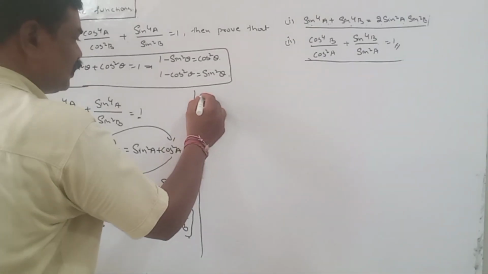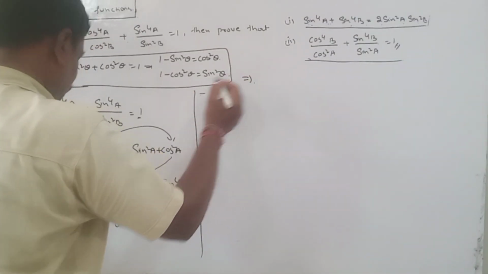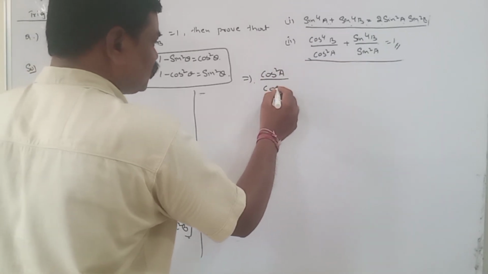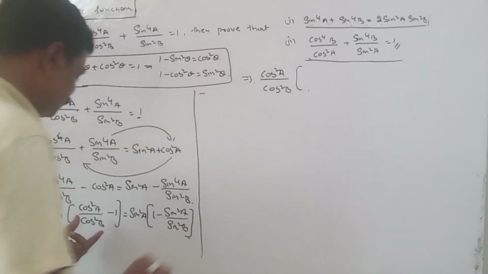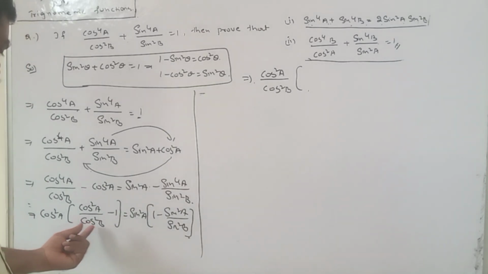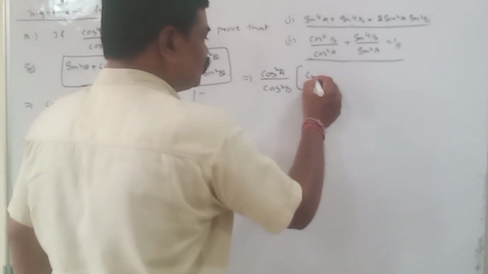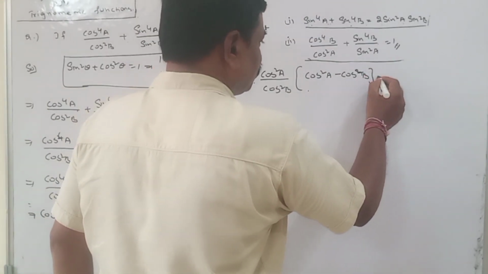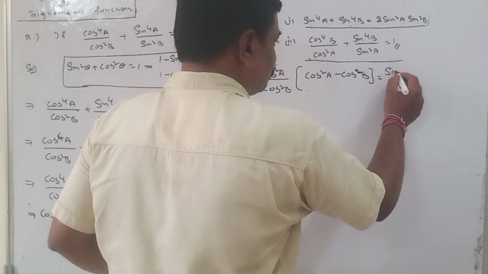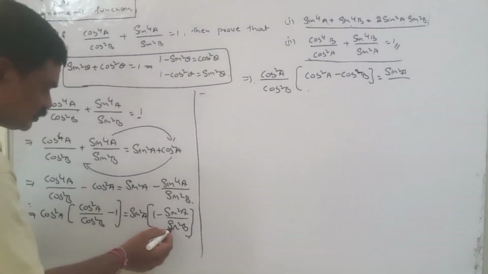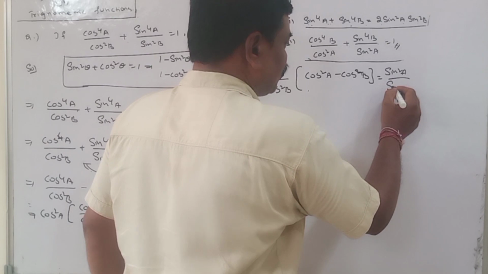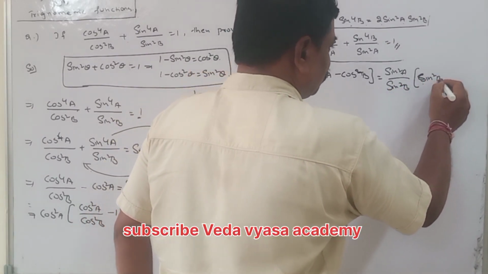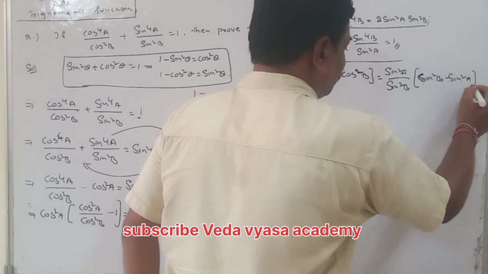So we can write this as cos²A/cos²B. Taking LCM, cos²B is the denominator, we have (cos²A − cos²B), equal to sin²A/sin²B, with sin²B as the denominator, (sin²B − sin²A).